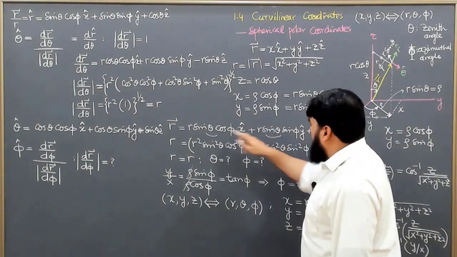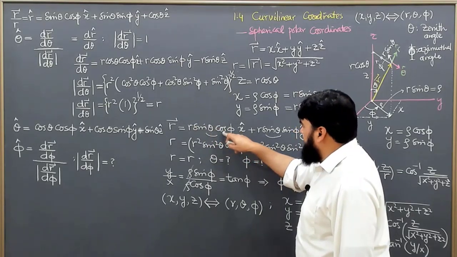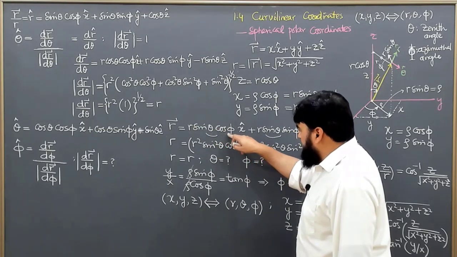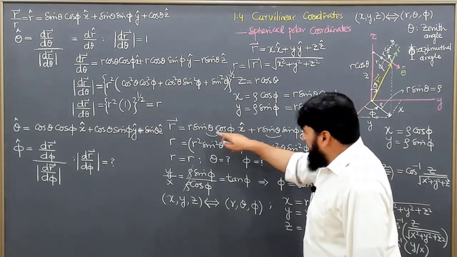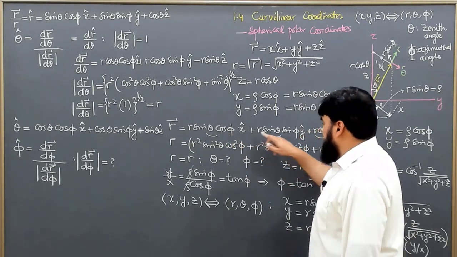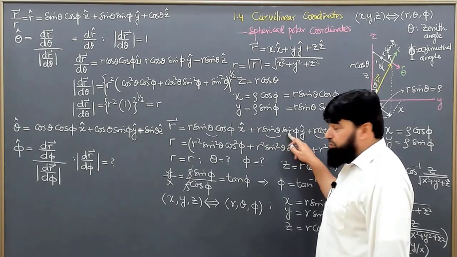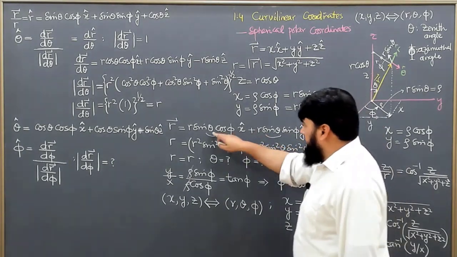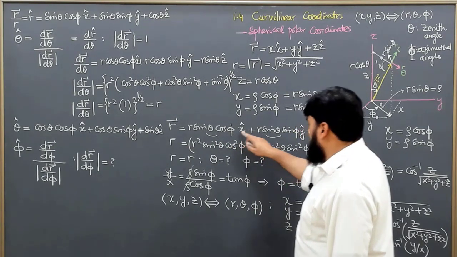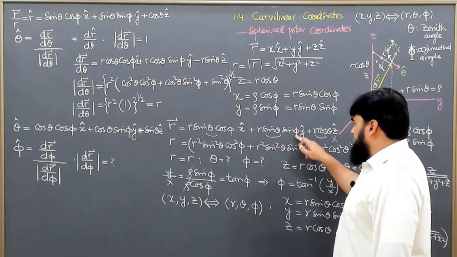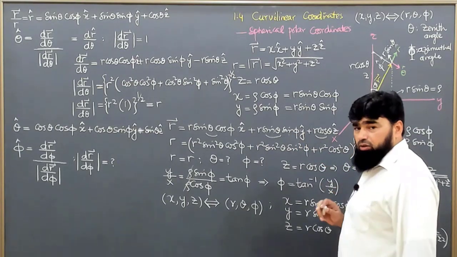Let's say I take r sine theta common, then it becomes minus sine phi and cos phi, that is r sine theta multiplied by minus sine phi in x plus cos phi in y.